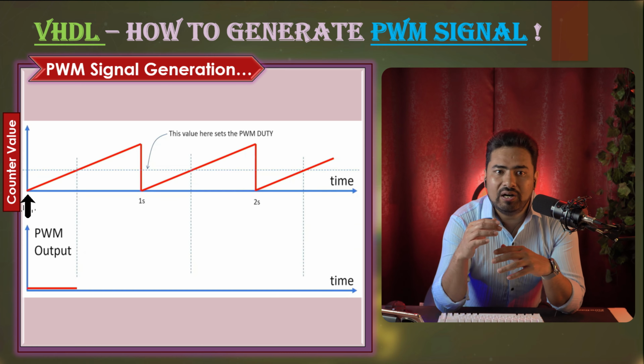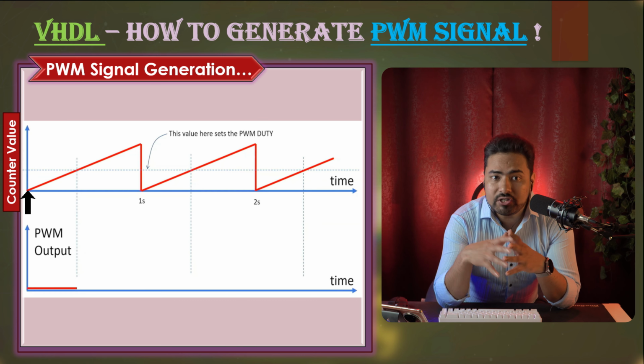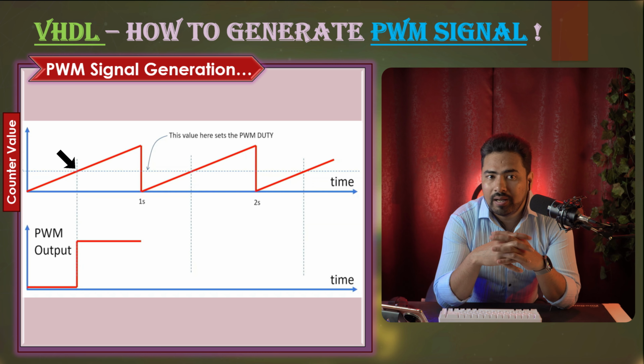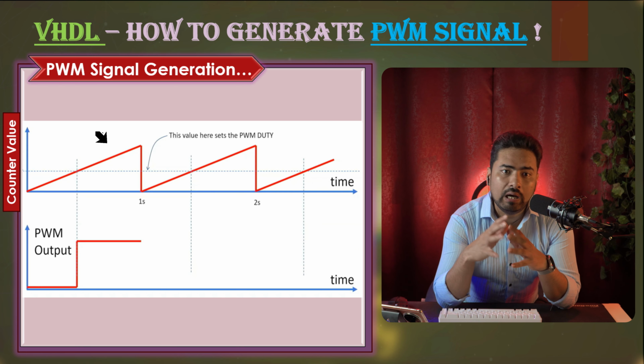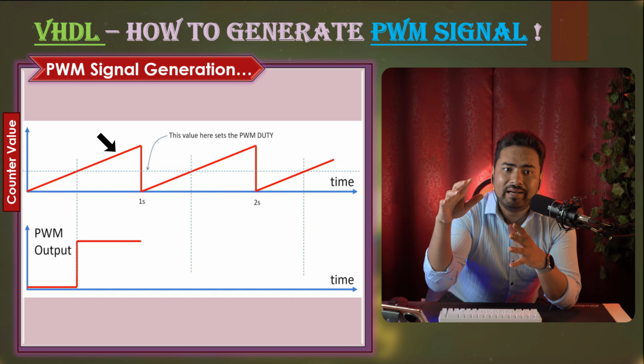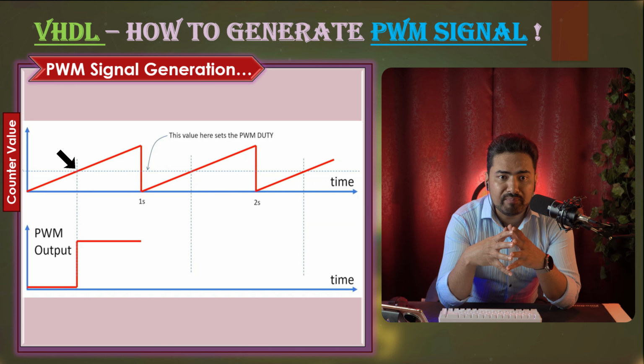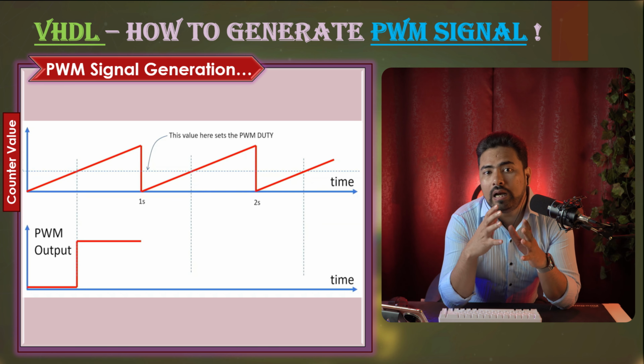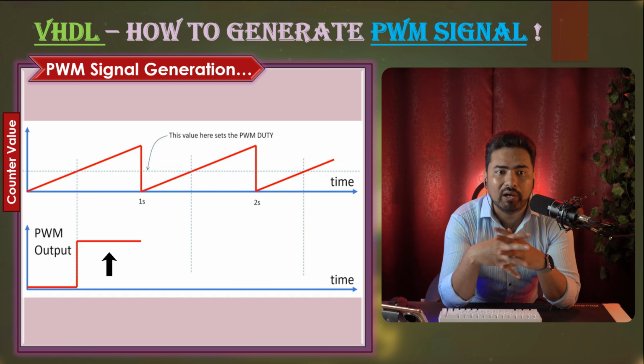Our counter starts from 0 and reaches up to this blue line, which is 25 million. Up to this point, our PWM output is 0. Now, when our counter, this red inclined line, counts from 25 million to this upper threshold, which is 50 million, then our PWM output is 1.